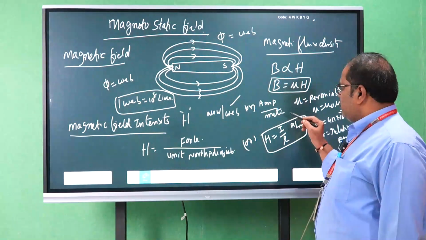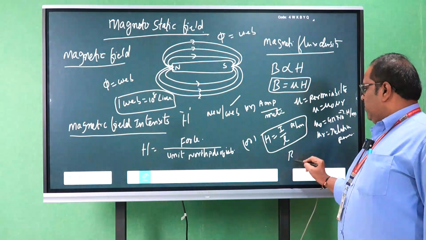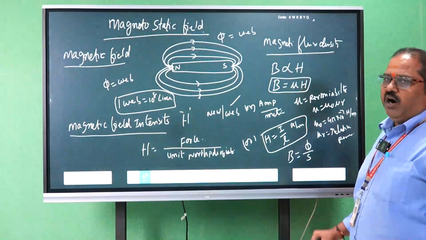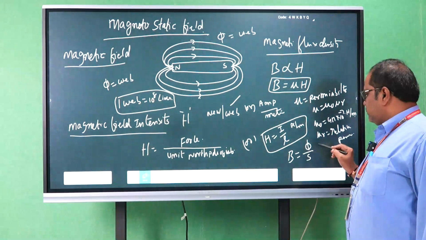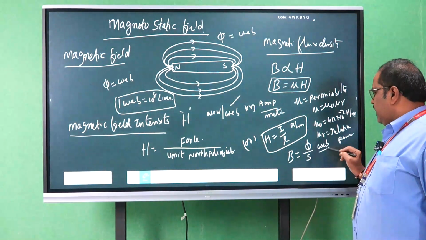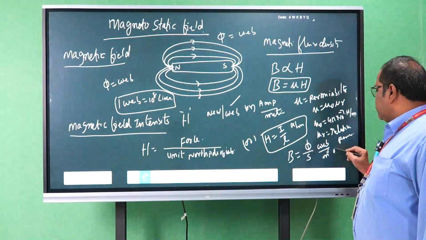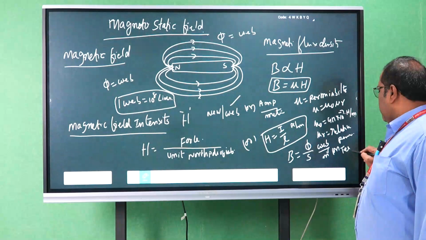The magnetic flux density is defined as the magnetic flux per unit surface area. Magnetic flux has units of Weber and surface area has units of meter square, so the units are Weber per meter square or Tesla.